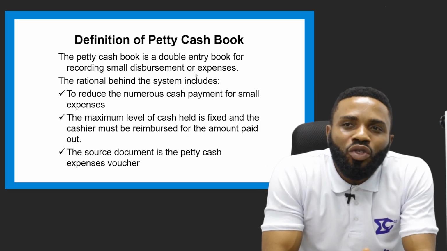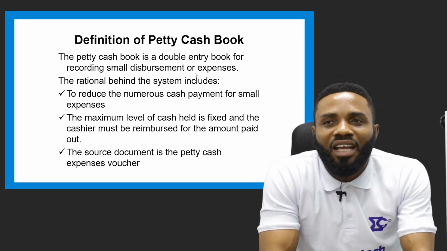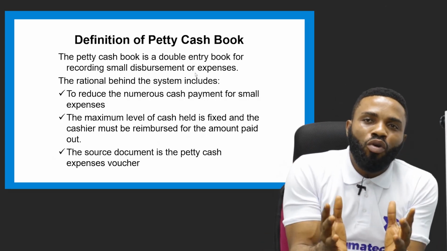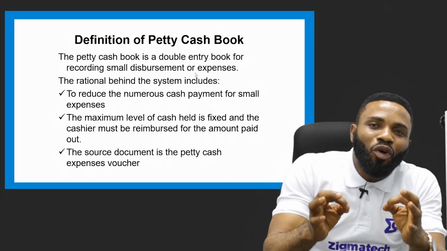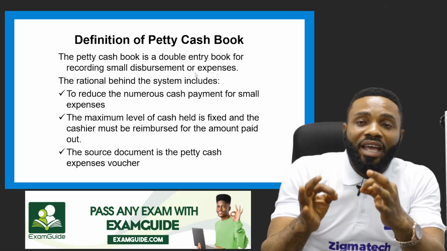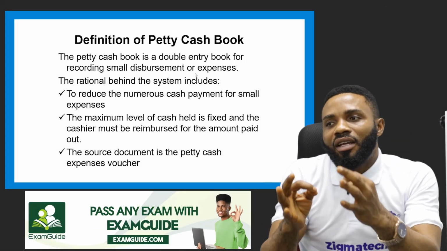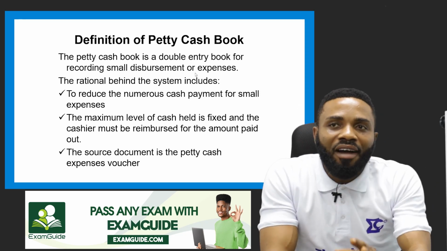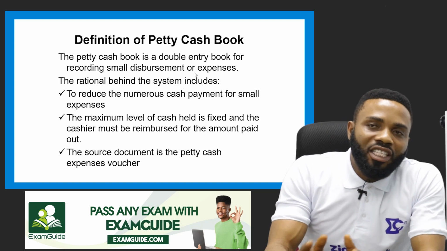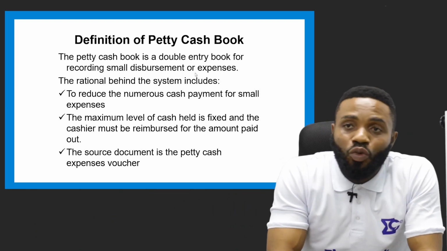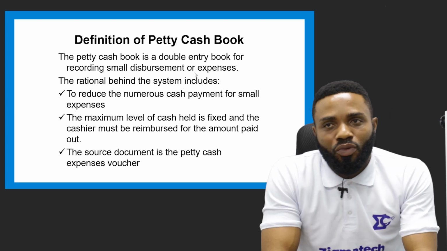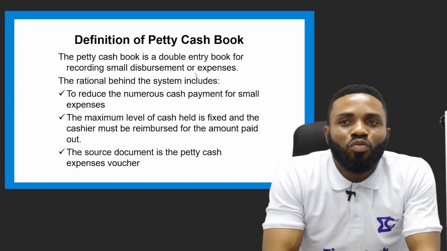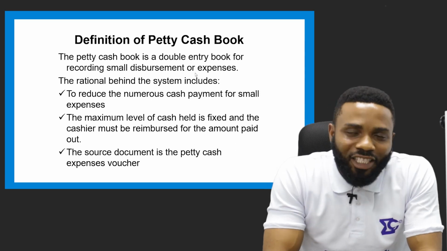So to reduce the burden of the main cashier, there is need to carve out a book where all these minor or little expenses can be categorized. And that book that is reserved for such category of expenses is what we call the petty cash book. Now, I said it is a double entry book for recording small disbursement or expenses.